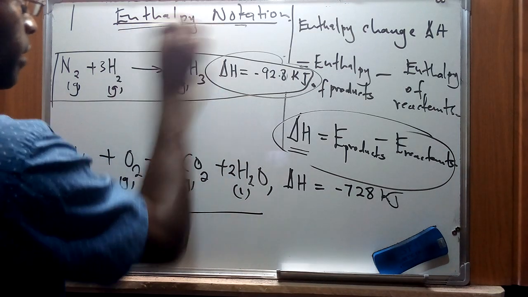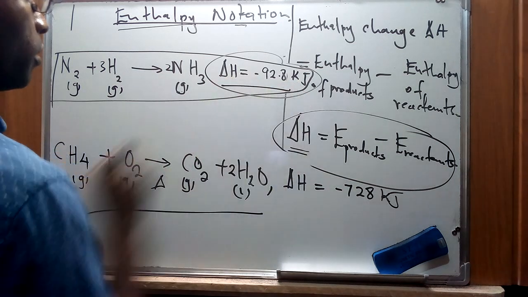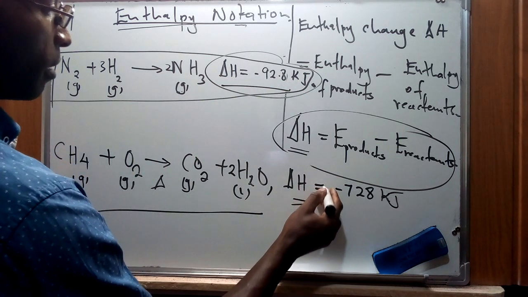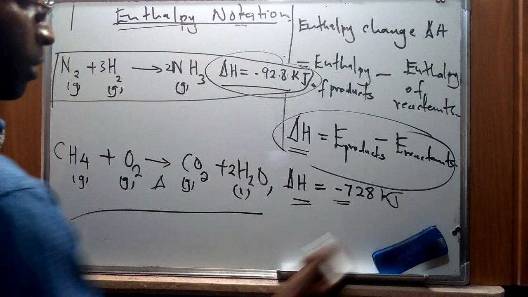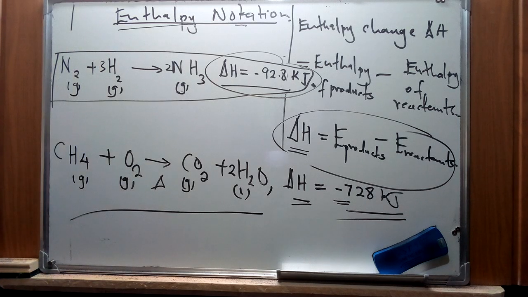So in essence, when we are trying to write an enthalpy notation, it accompanies a stoichiometric equation by using this delta H and then indicating whether the reaction involves the release of heat, with this specific figure for the quantity of heat involved in that specific reaction.